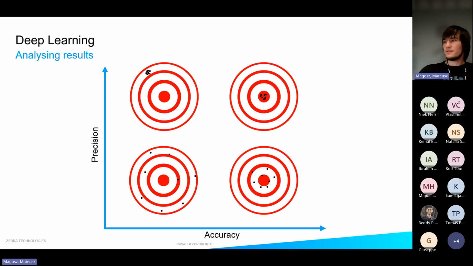Here is also a graph. You want to go for as precise and accurate a model as possible. So it's rather an explanation of what precision and accuracy are.